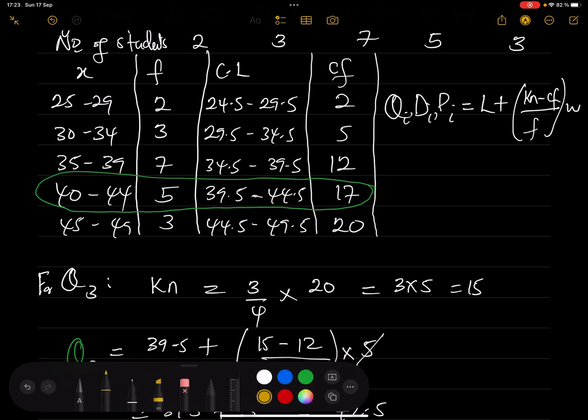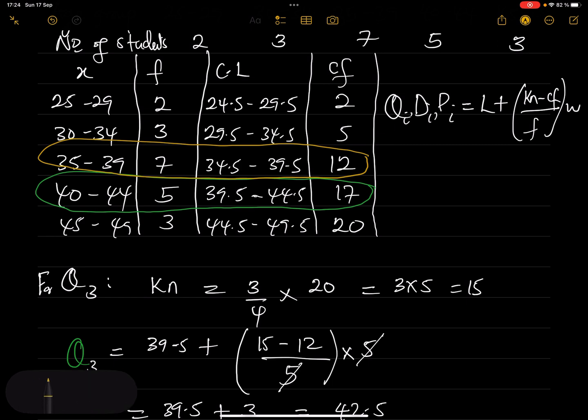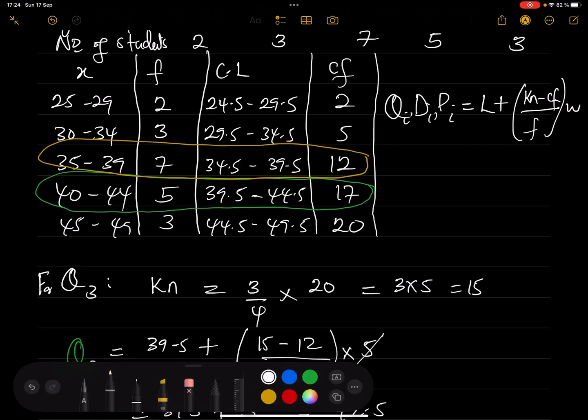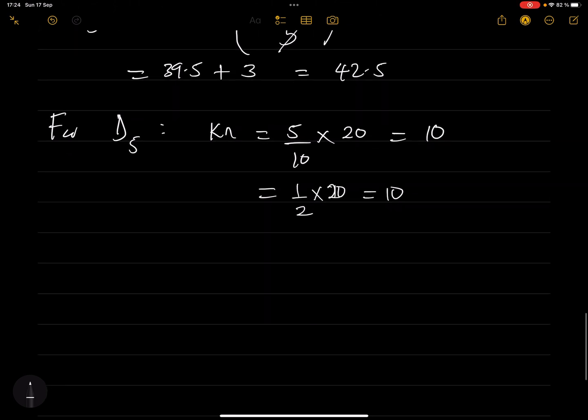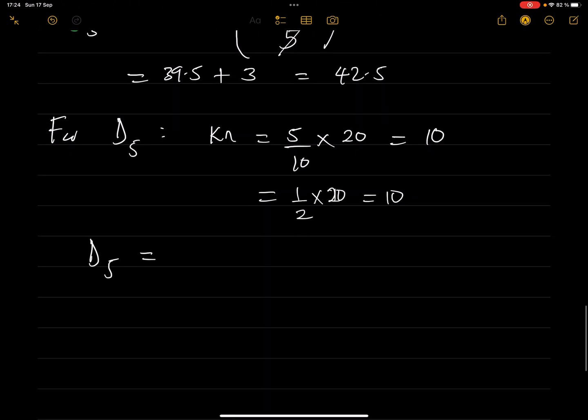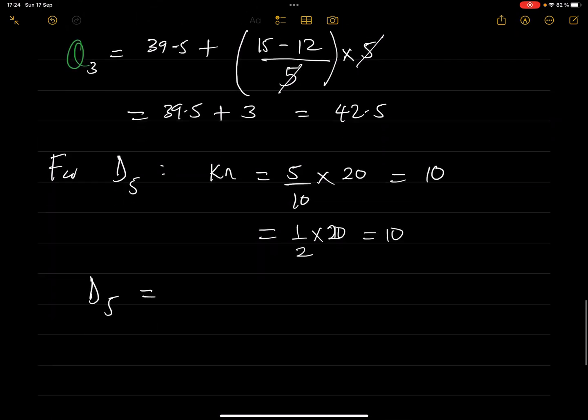So our D5, here is the location of D5. If you have got the location, then everything becomes easy. D5 equals the lower class limit of the location of interest. In this case, it's going to be 34.5.